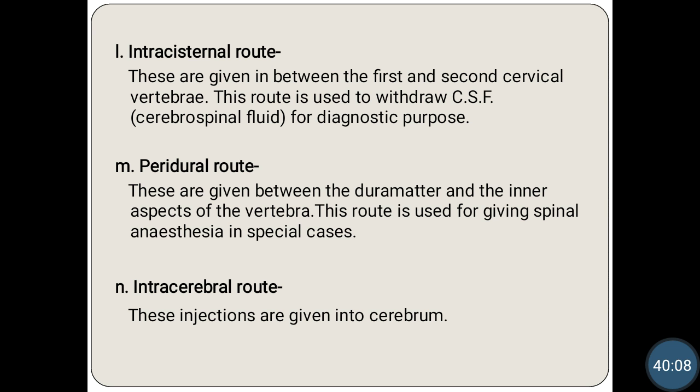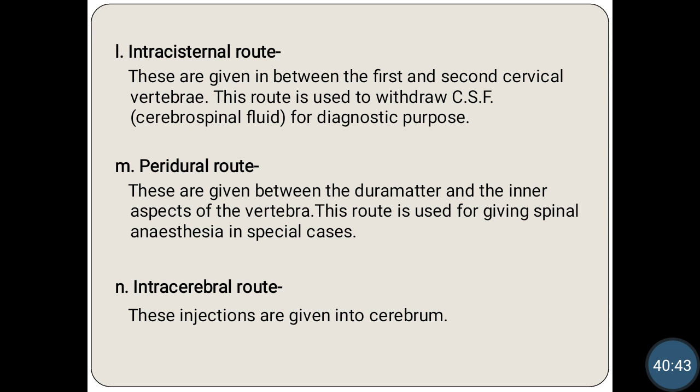Okay, all of you know the vertebrae. So there are 7 cervical vertebrae. So in the intracisternal injections or this route, the injections are given between the first and second cervical vertebrae. So to remove the cerebrospinal fluid for the diagnostic purpose, this route is preferred.